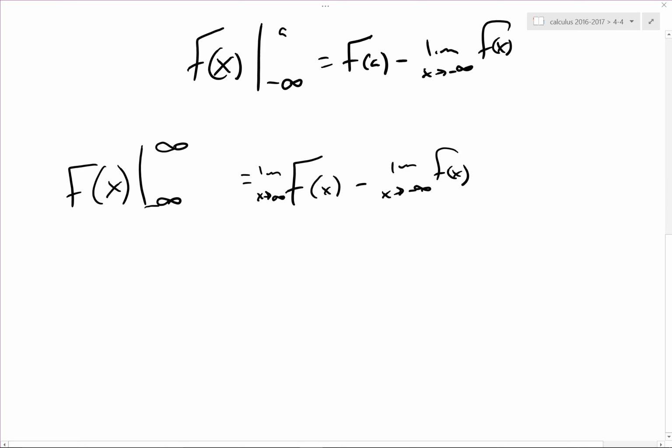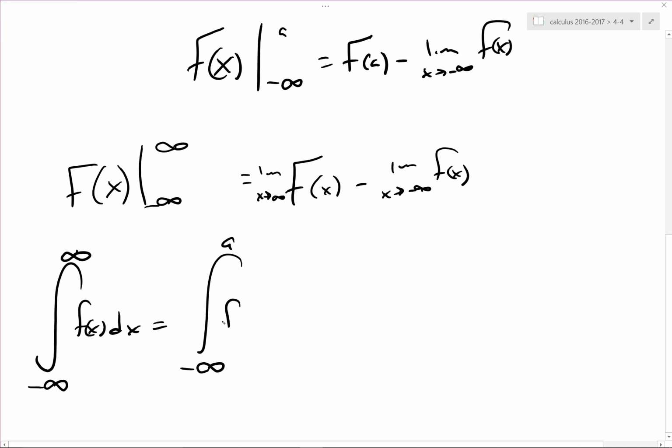This one, in fact, usually will need to be rewritten as the sum of two separate integrals. And typically, what number is conveniently located, I'm going to say halfway, but that's not true, halfway between negative infinity and infinity?